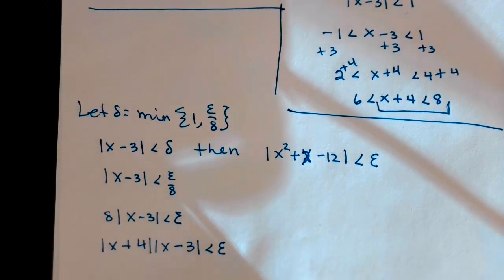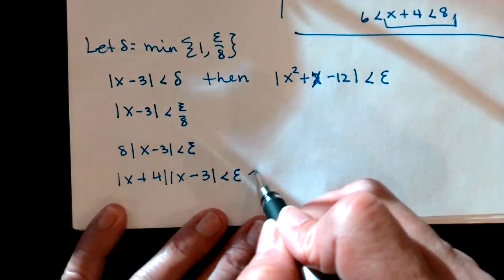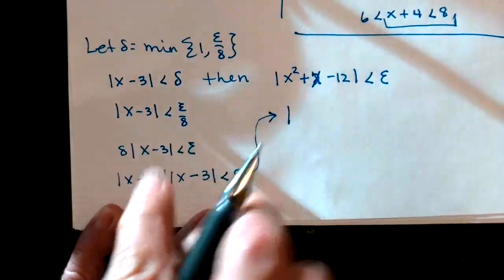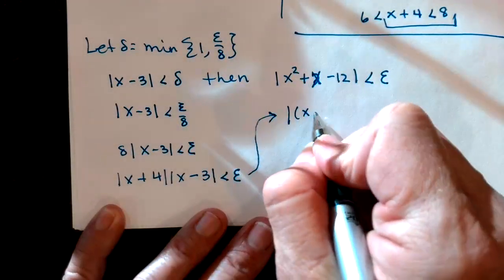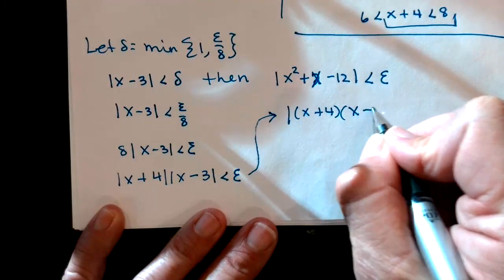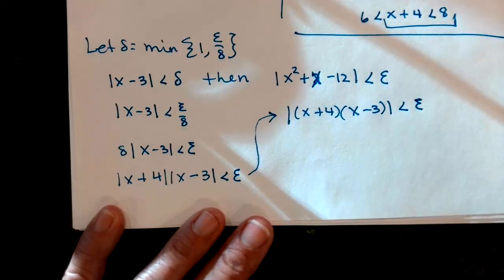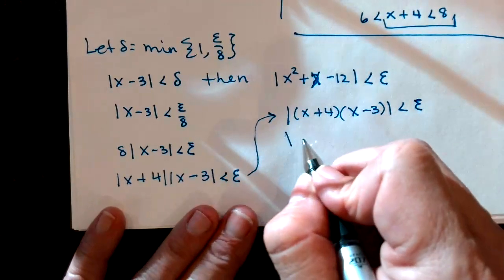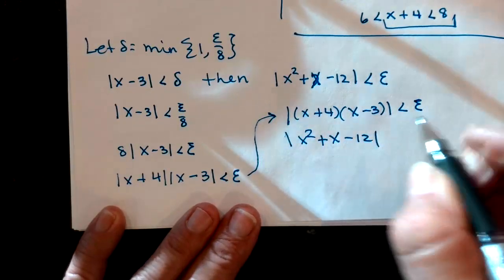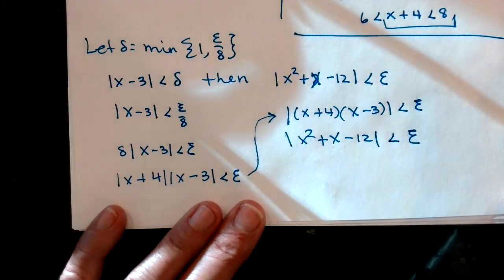And now we've kind of done the proof, because after that it's just reworking it backwards. Take these inside the same set of absolute value symbols, multiply them together, plus x minus 12, and then split them apart.